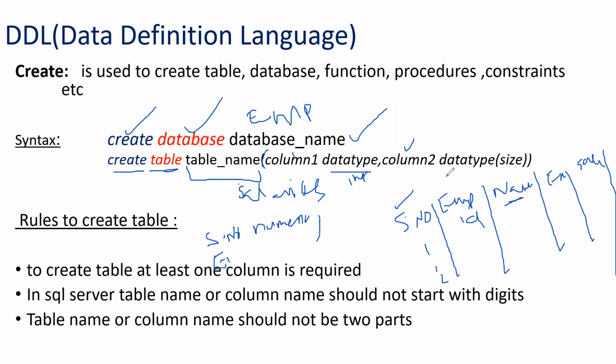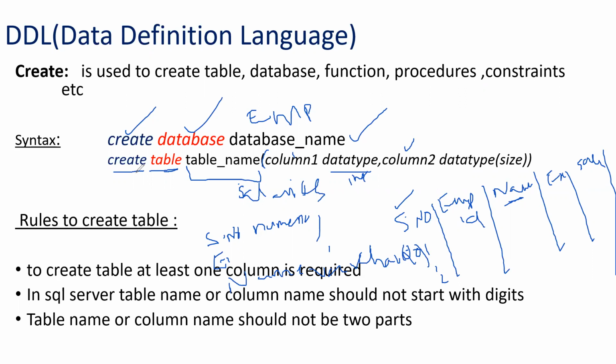Name is the third one, a character, and the data type is varchar. What is the length? Maximum length you are going to give is 20 letters. In the worst case, people will have more than 20 letters.